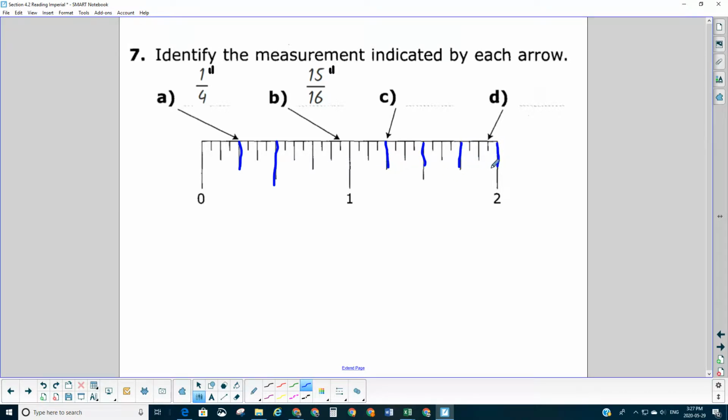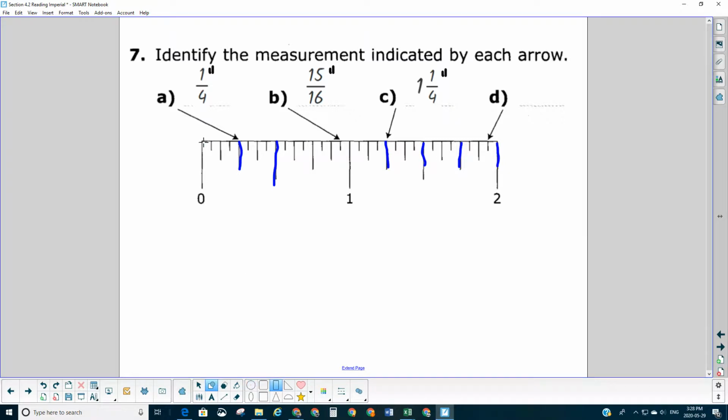So these ticks here are all a quarter. You can see there's a half, and half of a half is another quarter. So this is in the same position as that guy, except it is past the 1 inch mark, which means this is 1 1/4 inches.